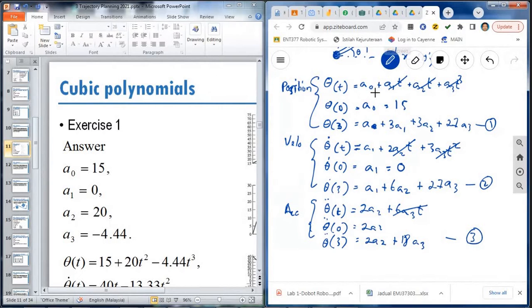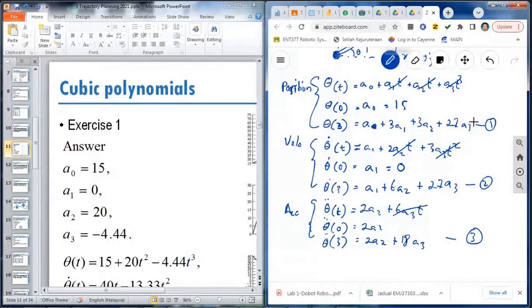So you replace A0 equal to 15 and A1 equal to 0 in this equation, so you get 2A2 plus 2A3.